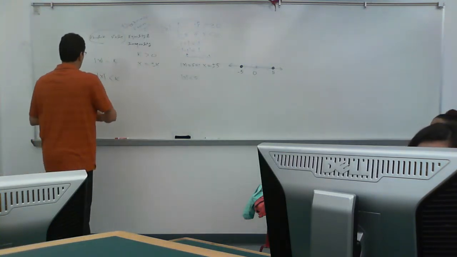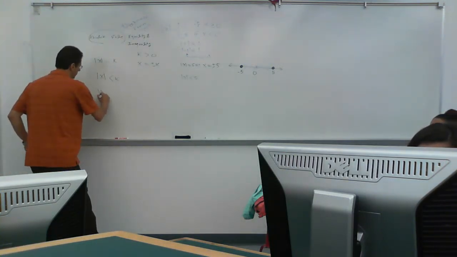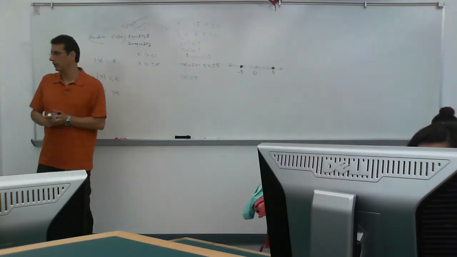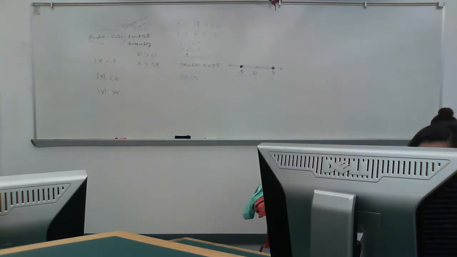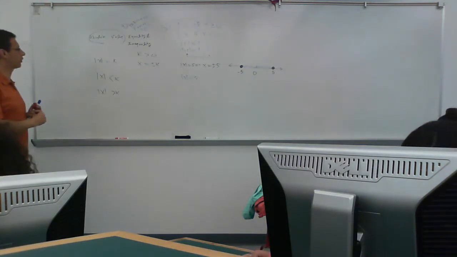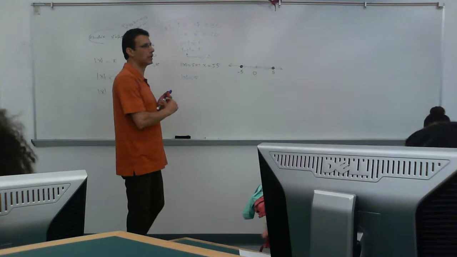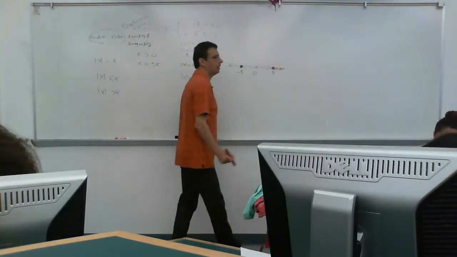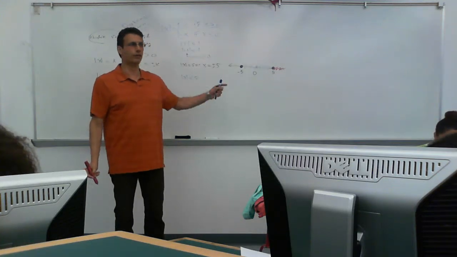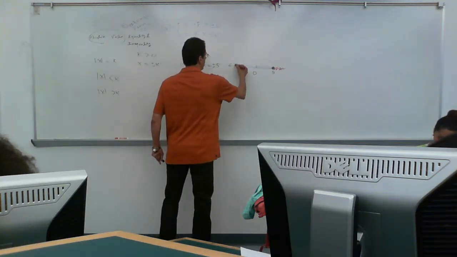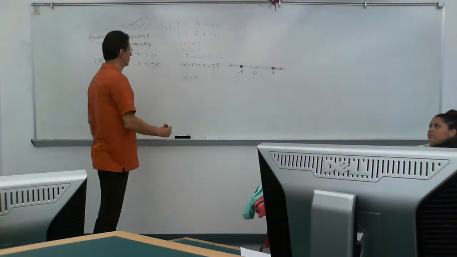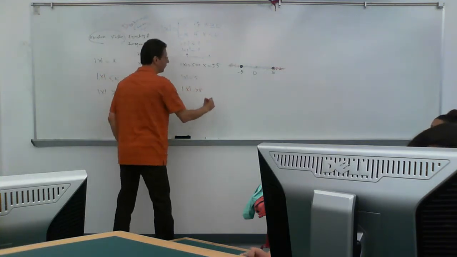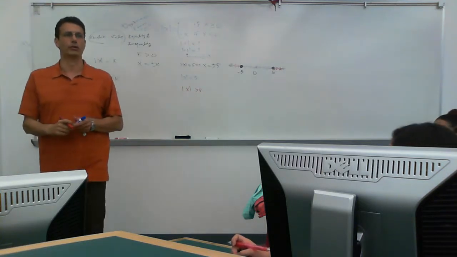If we are looking at absolute value of x larger than k, then we're looking for points whose distance from 0 is more than 5. Anything beyond 5, or for that matter, negative 5 will do the job. So absolute value of x is larger than 5 would be the red part.